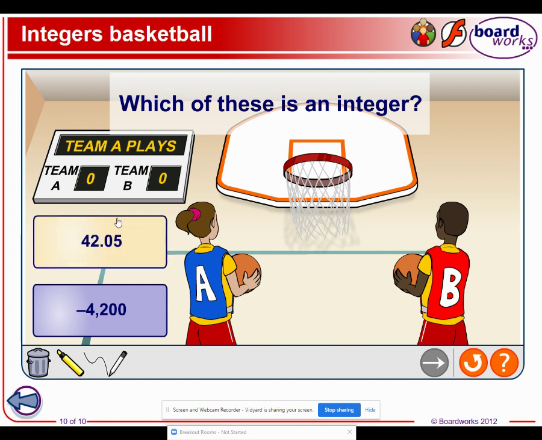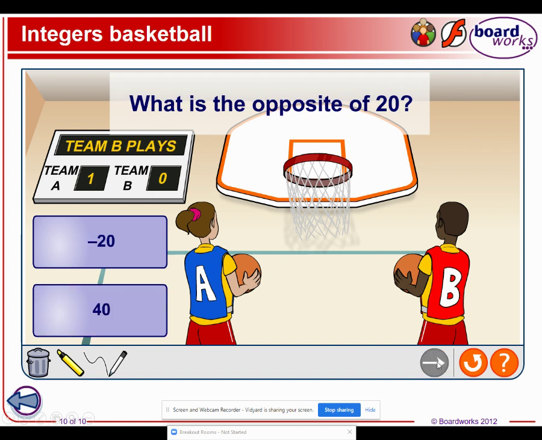Okay, 42.05 has a decimal, so that can't be an integer because integers are whole numbers and their opposites. So negative 4,200 is an integer.